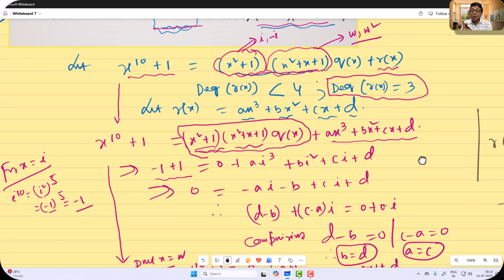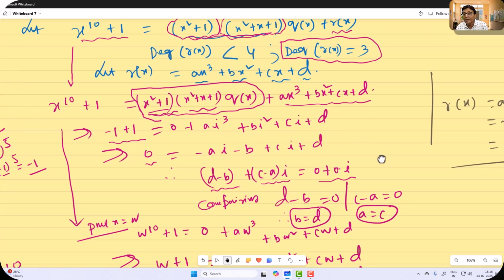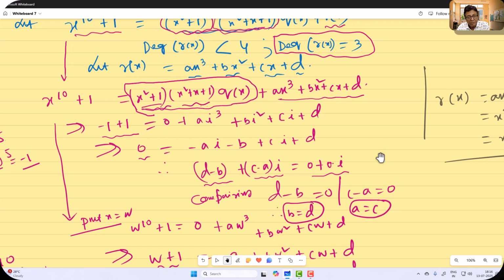Now the advantage of complex numbers I told you. Once again it is proved. You just write (d minus b) and (c minus a)i on one side and 0 on the other side. Then go for comparison. d minus b will be 0, c minus a is 0. This gives b equal to d and a equal to c. Okay?